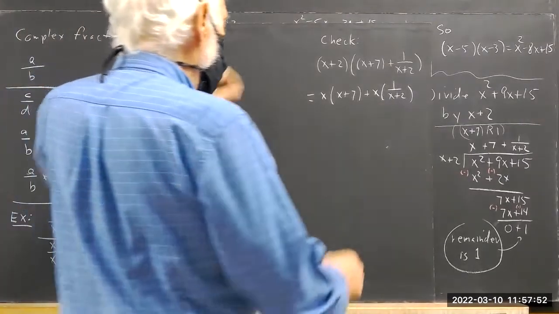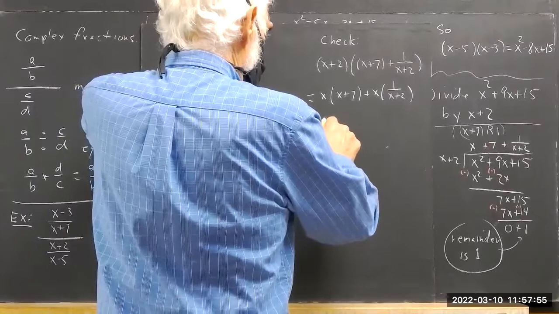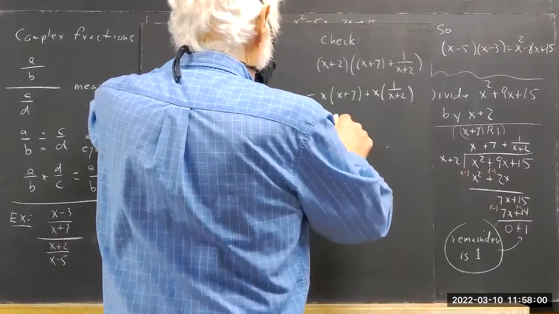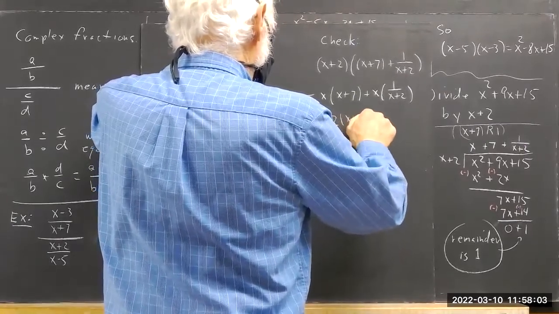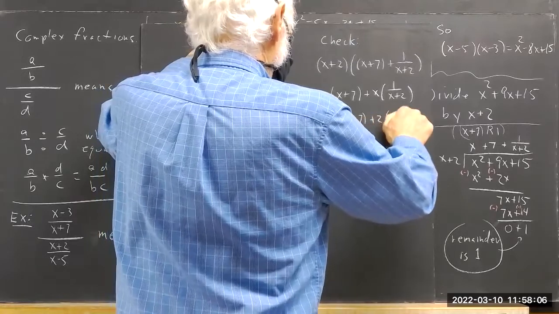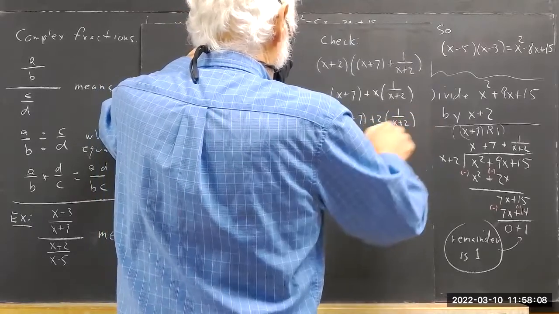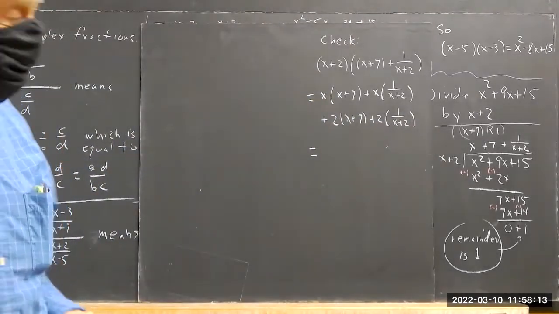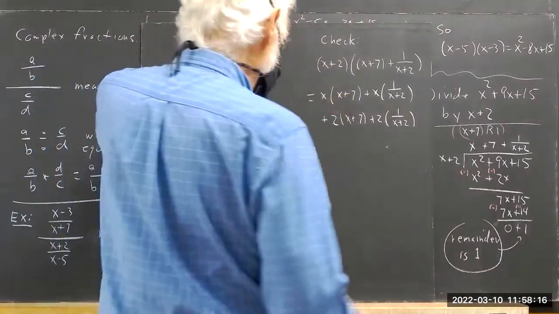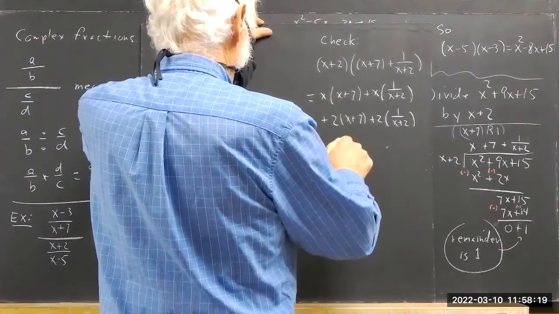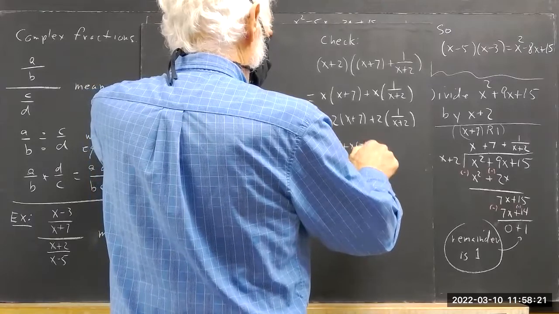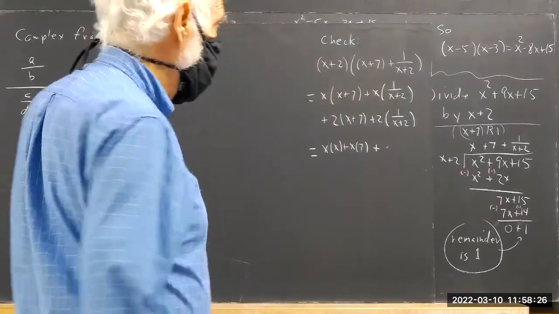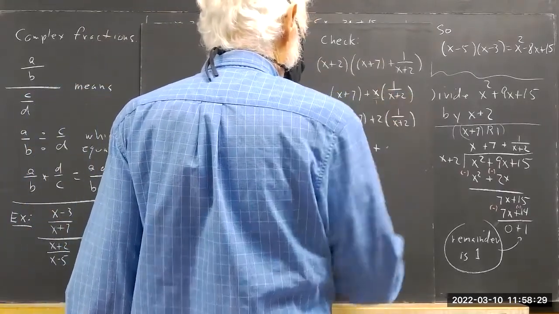Well, there's another way to write it down. But then you have plus 2 times this and 2 times this. So that's 2 times x plus 7 plus 2 times 1 over x plus 2. Okay. Now, x times x plus 7 is x times x plus x times 7. And x times 1 over x plus 2, I could write that as x over 1 times 1 over x plus 2.